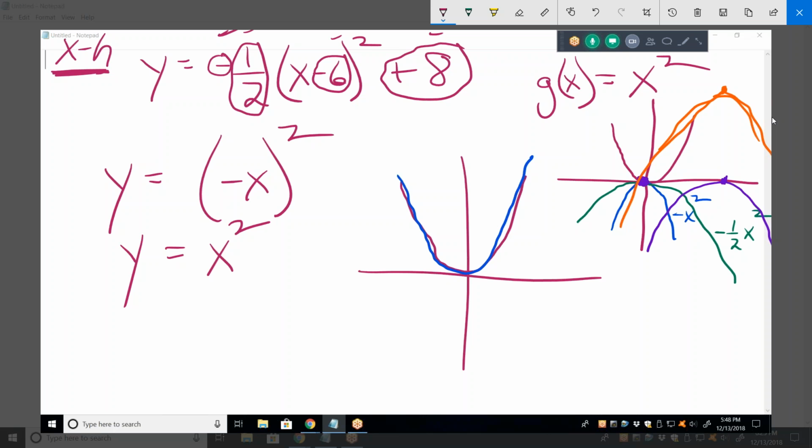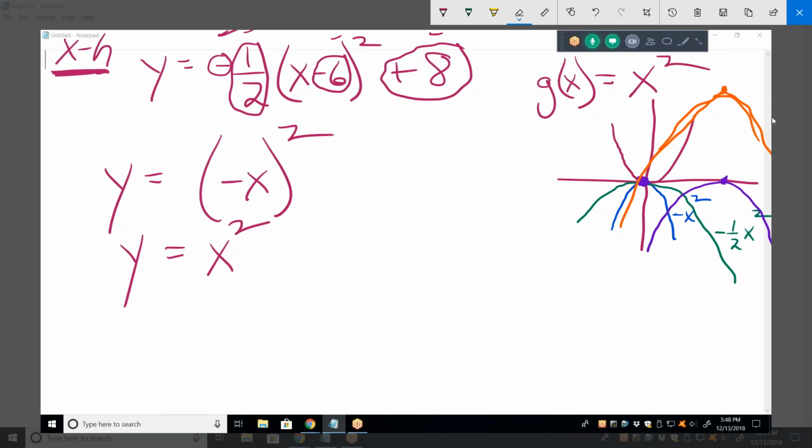Because it's an even function, first of all, and even functions are symmetrical with the y-axis. So you would not expect a reflection over the y-axis to do anything to an even function. Okay, you with me? Okay.